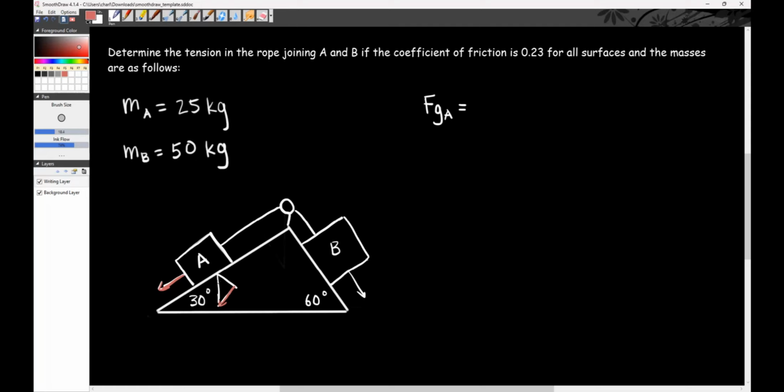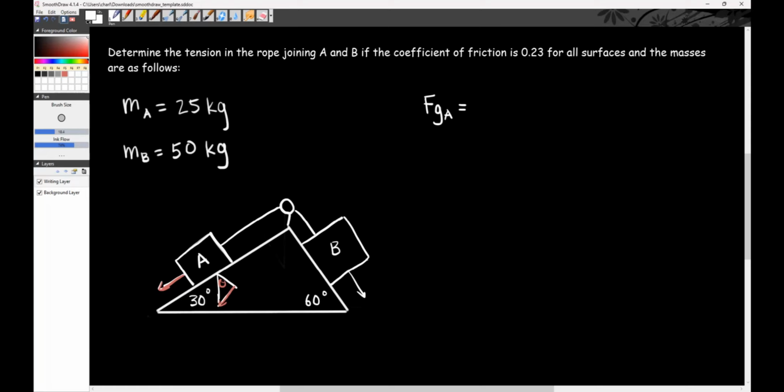And this angle here is 30 degrees. So we can use sine since it's opposite of the angle. And you can do this by just doing sine theta equals the FG divided by the hypotenuse, which is mg.